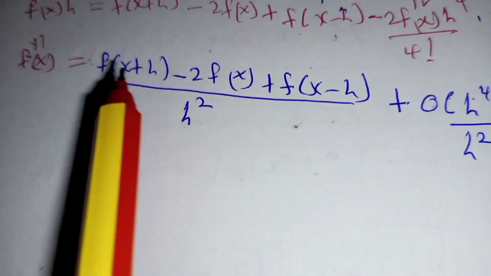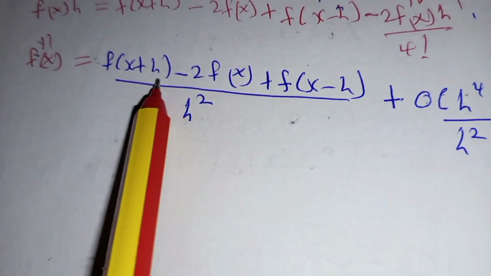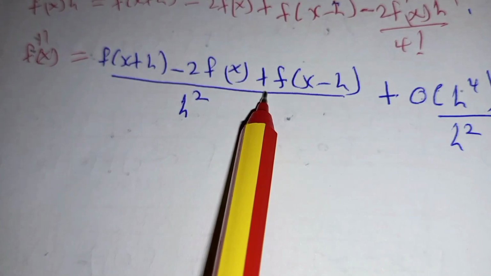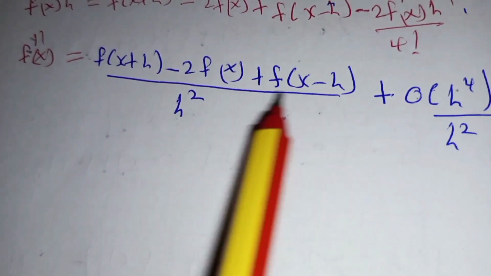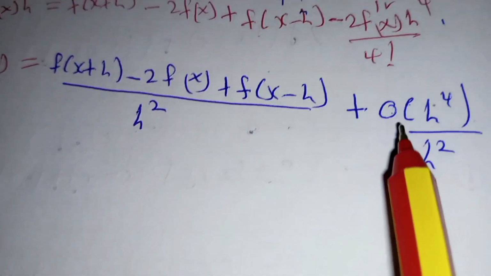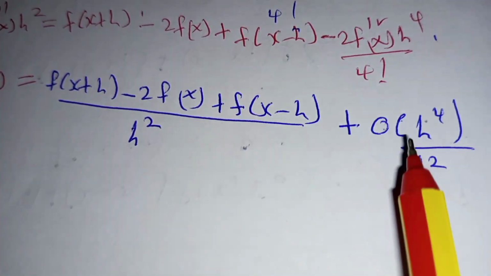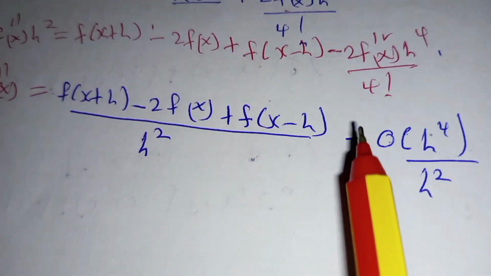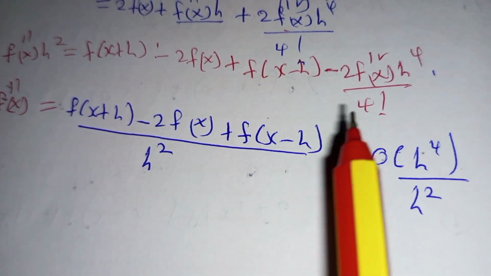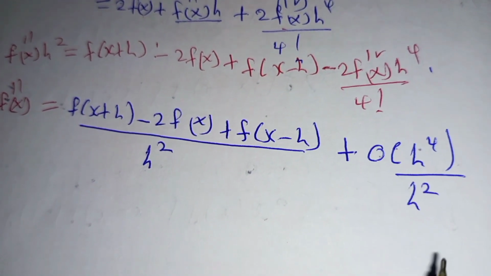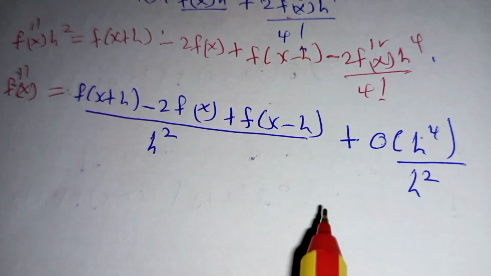So we shall have f of x plus h minus 2f of x plus f of x minus h divided by h squared, plus the fourth derivative term, which is an error in approximating our second derivative.